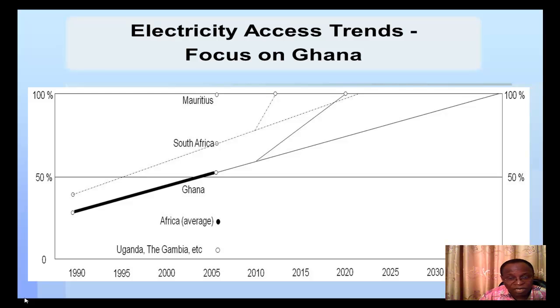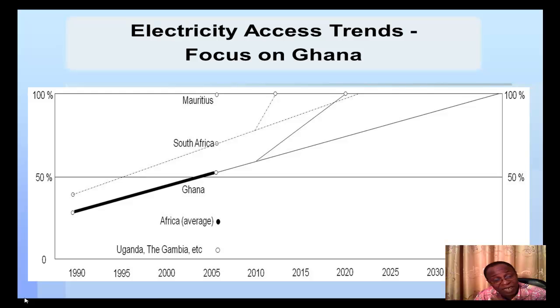Now, when this chart was done, the idea was to see what Ghana needs to do to achieve its target of universal access to electricity by 2020. And this graph suggested that there was a need to change the business model, so that Ghana would achieve it. Otherwise, we would go beyond 2030 and still not achieve the universal access target that was set by government in 1989.